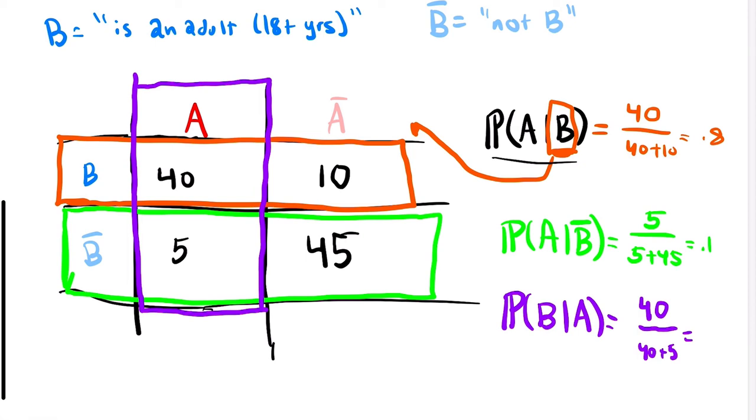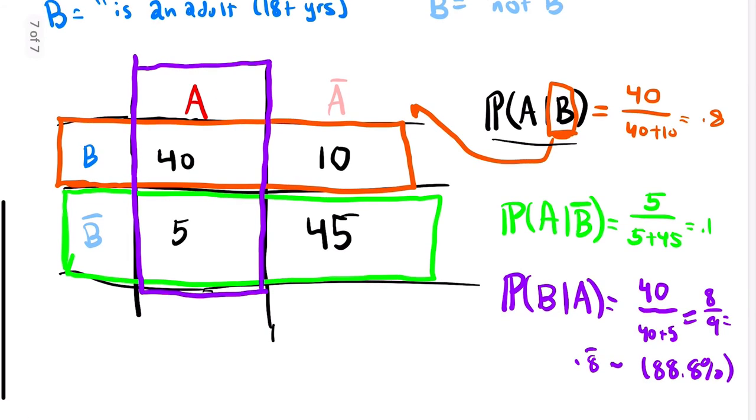So this is 40 over 45, which is 8/9, or 88.8%. So it's very likely that you're an adult if you like Brussels sprouts, which makes sense because most of the people who like Brussels sprouts happen to be adults.